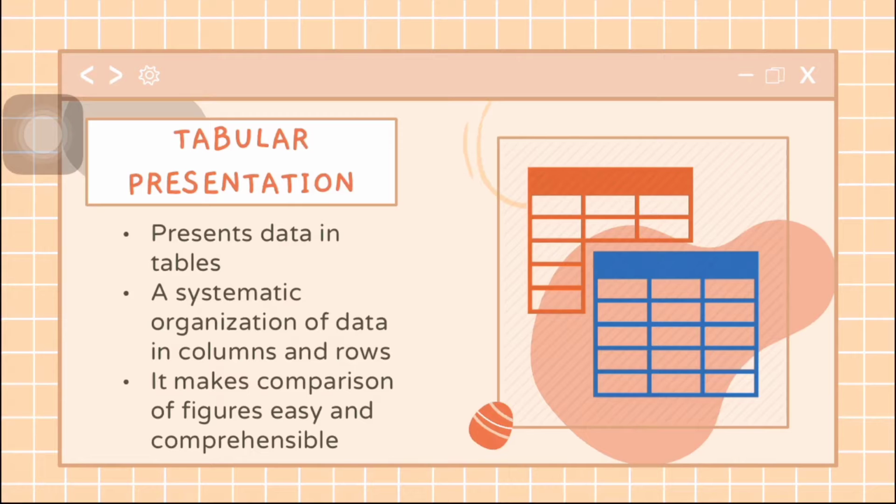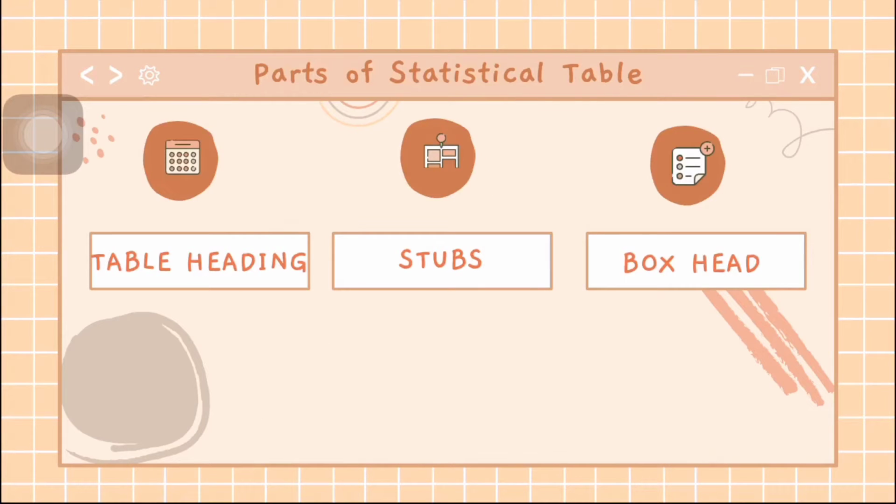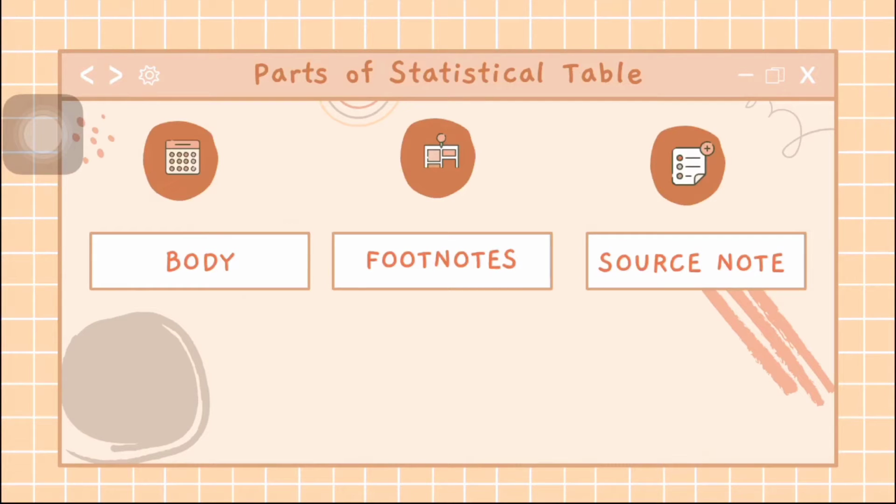It makes comparison of figures easy and comprehensible. Now, there are six parts of a statistical table. First is the table heading, second is the stubs, third is the boxhead, next is the body and footnotes, and lastly the source notes.